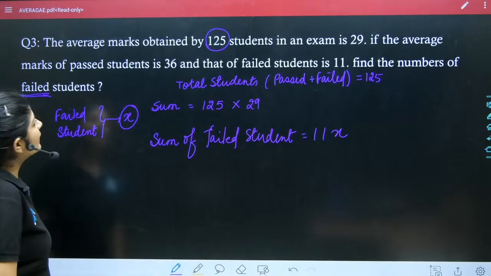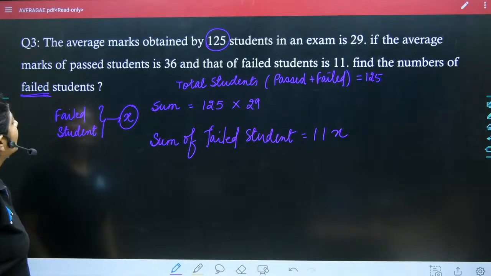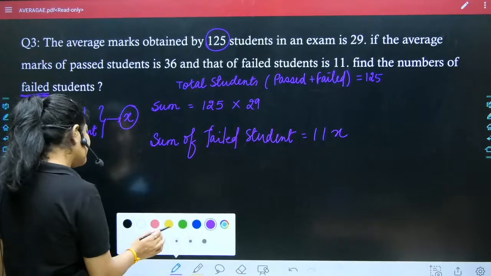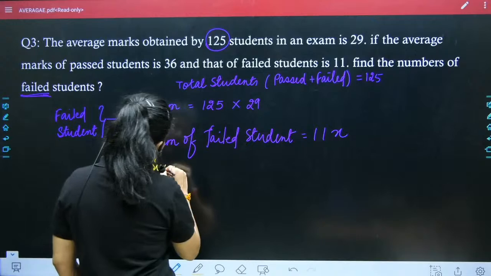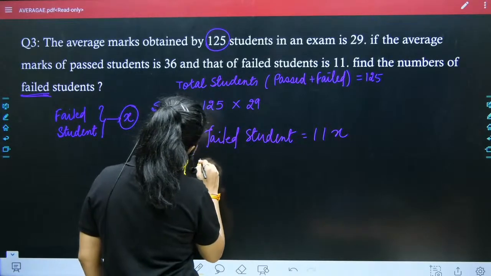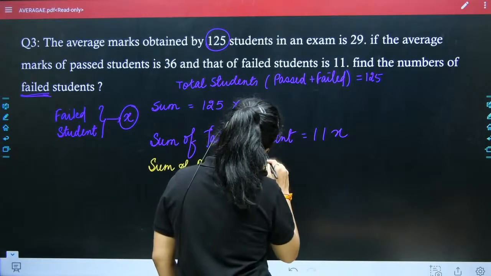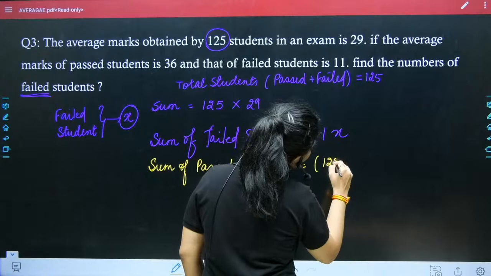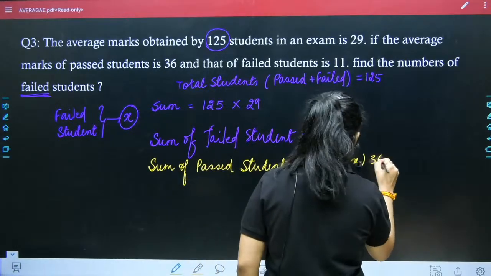Now we have to find out the number of failed students. So how do we calculate it? We can write the sum of passed students as equal to 125 minus x number of observations into 36.